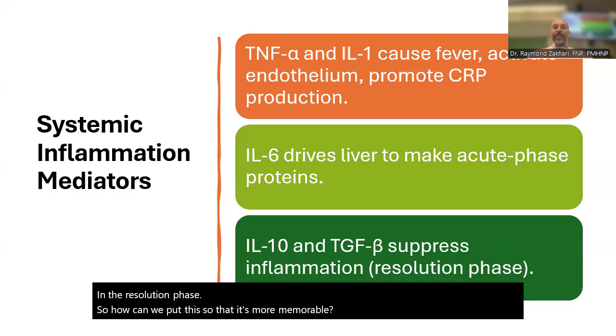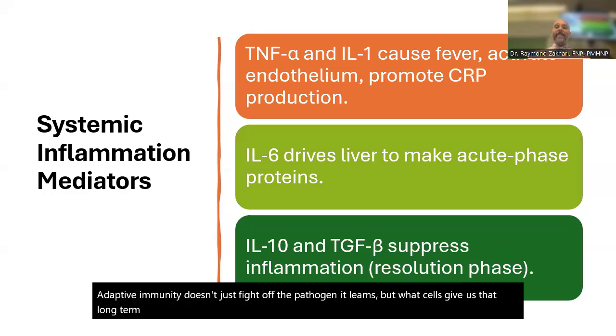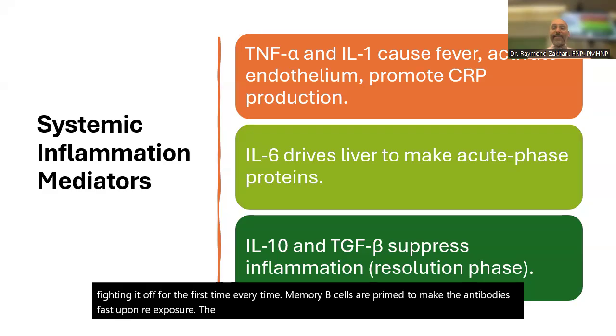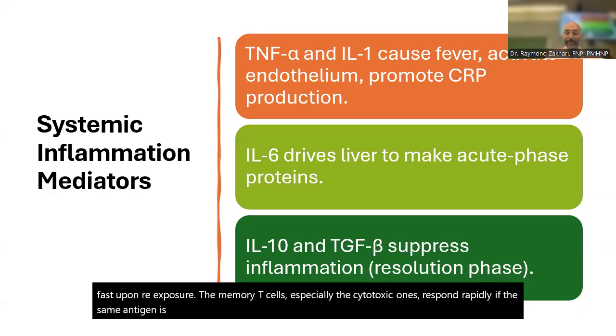Adaptive immunity doesn't just fight off the pathogen, it learns. But what cells give us that long-term protection? It's the memory B cells and the memory T cells, so that you're not fighting it off for the first time every time. Memory B cells are primed to make the antibodies fast upon re-exposure. The memory T cells, especially the cytotoxic ones, respond rapidly if the same antigen is seen again.